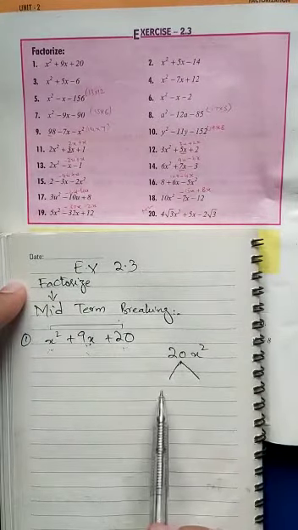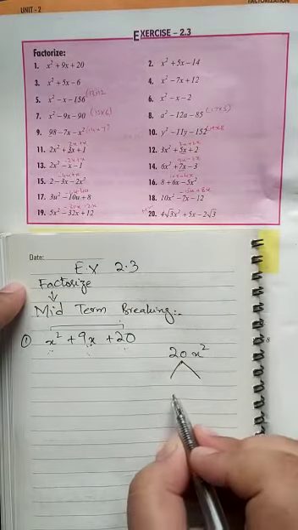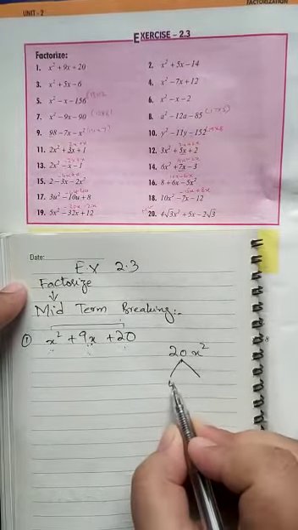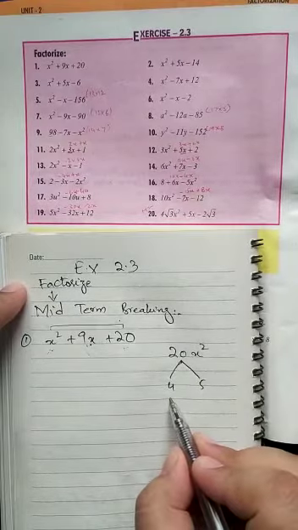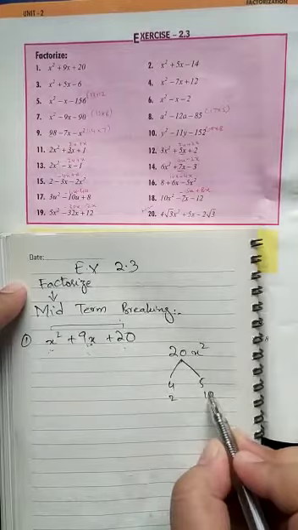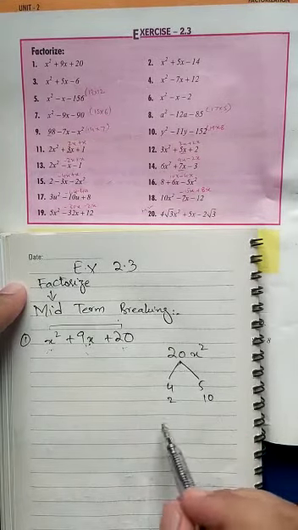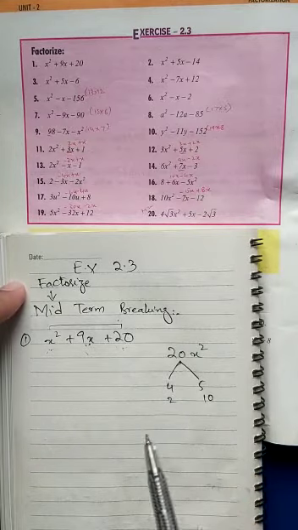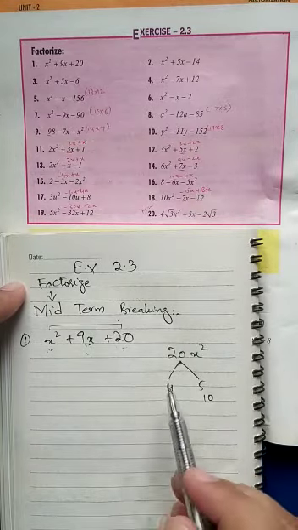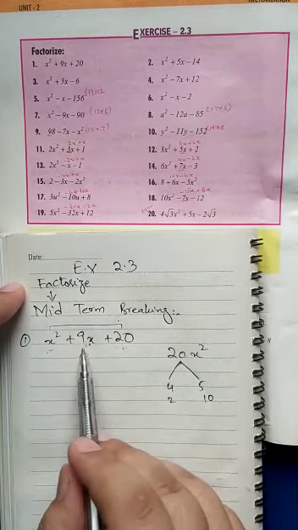First we make the factors of 20: 4 multiplied by 5 is 20, 2 multiplied by 10 is 20, and 5 into 4 is also 20, 10 into 2 is 20. But the ideal factors are those which, when we add or subtract them, give us the middle value.